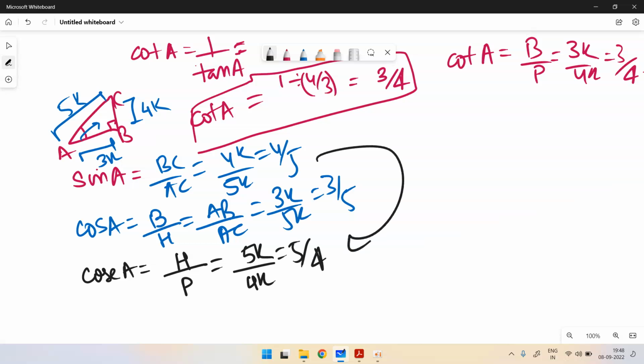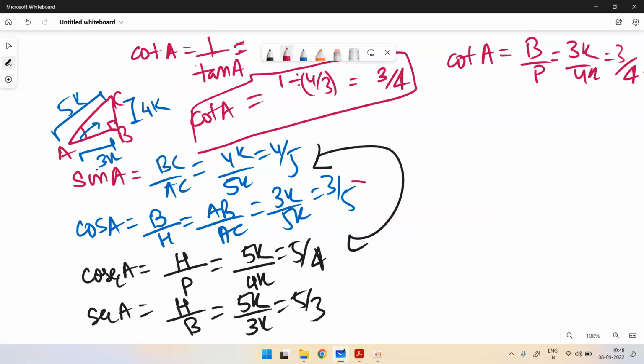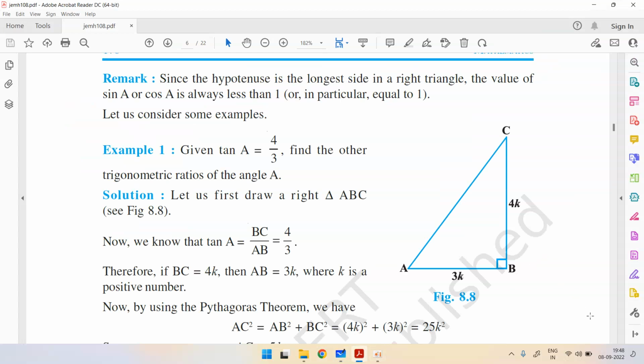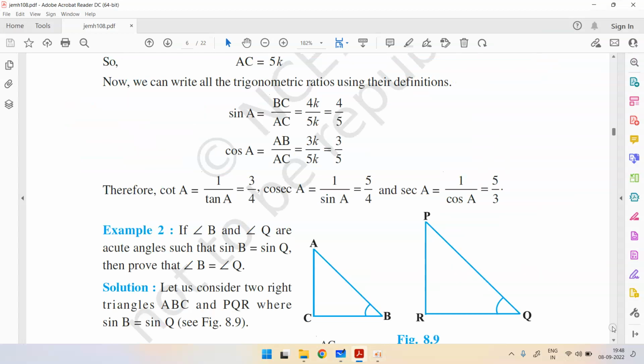You can see this is the inverse of sine A. Then secant A is hypotenuse by base, 5k by 3k, nothing but 5 by 3, and you can see this is the inverse of cos A. So I have calculated all the possible trigonometric ratios here.